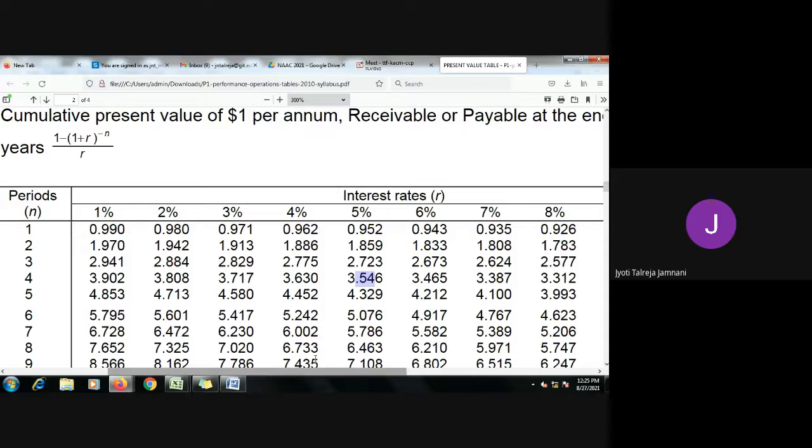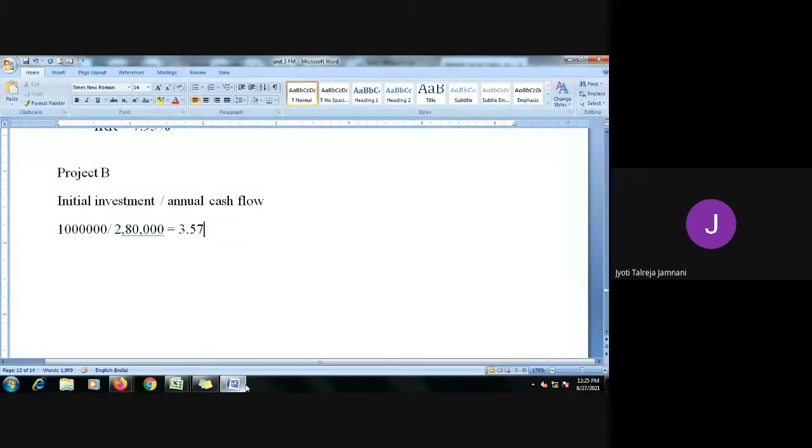Okay. So here we write: from the annuity table, find value 3.57 for 4 years. You will get the value in between 4 and 5%.